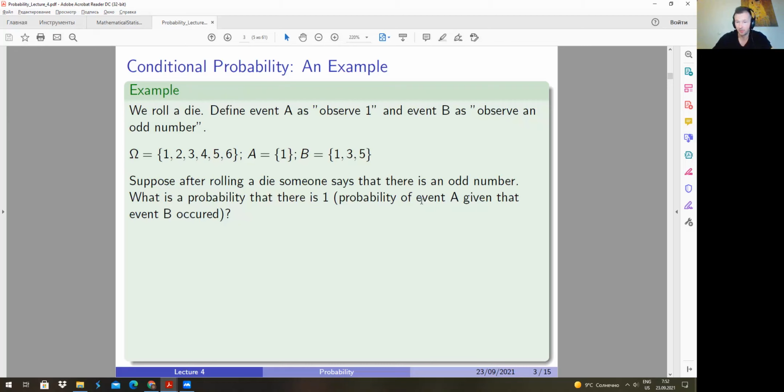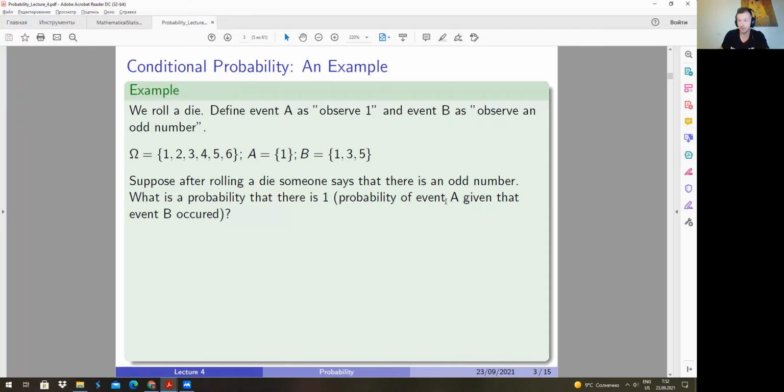That's exactly the probability of event A given that event B occurred. Once again, you don't see what's there, but somebody tells you additional information, that event B occurred. This is exactly a conditional probability.